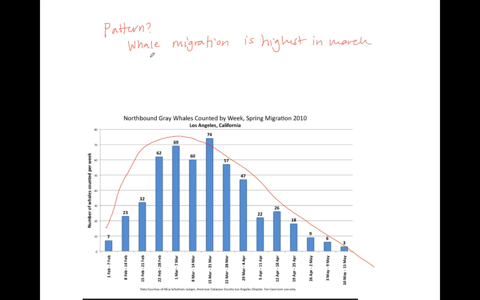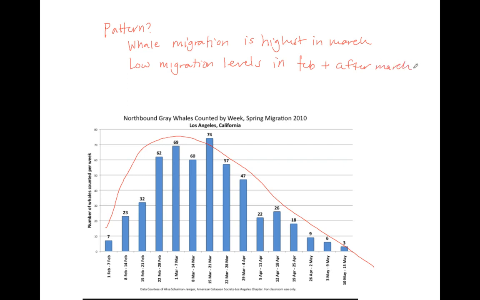Okay? So whales are not really migrating here in February, and it decreases towards the end of March. Okay? So that's a pattern, you could say. So you have low migration levels in February and after March.